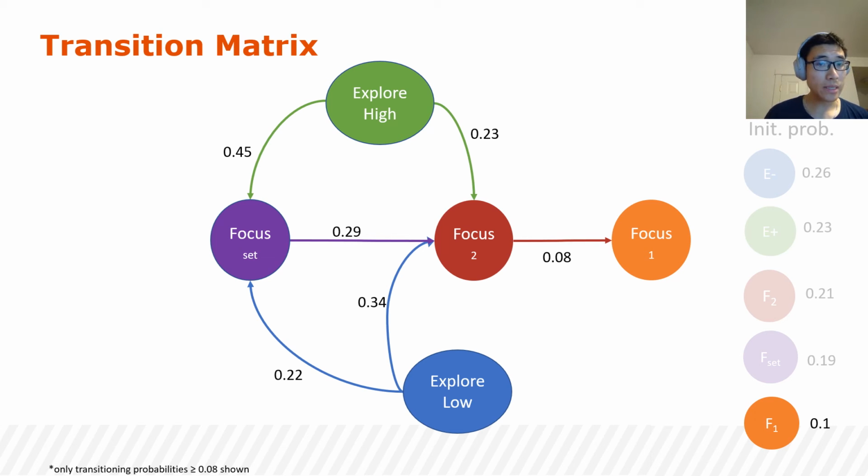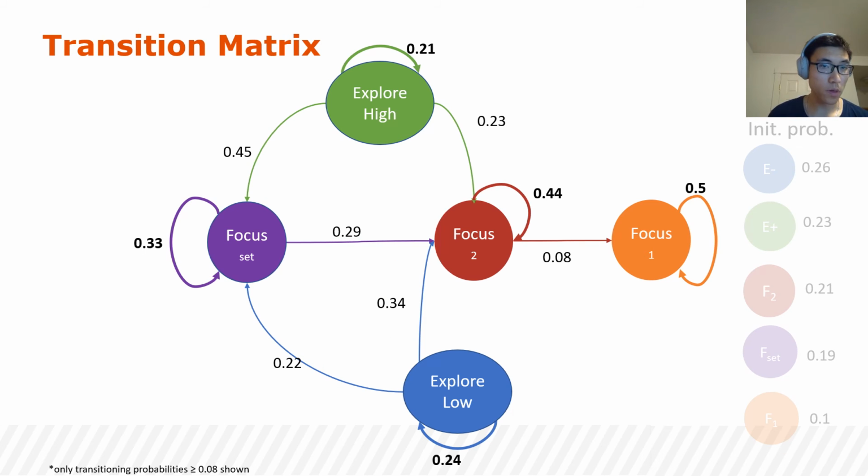This finding indicates a tendency to gradually increase focus in toy selection, rather than going directly from high exploration to high focus. Moreover, the self-transition probabilities increase with increased focus, indicating that after infants are in a focus state, they tend to remain there longer than when they are in an exploration state.